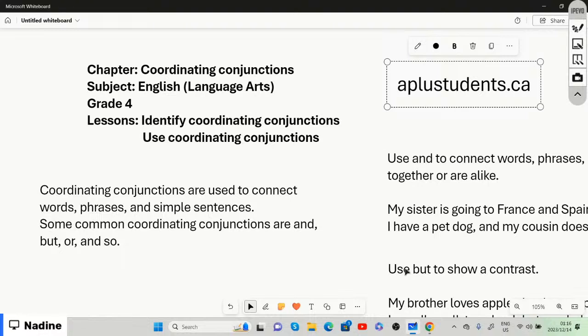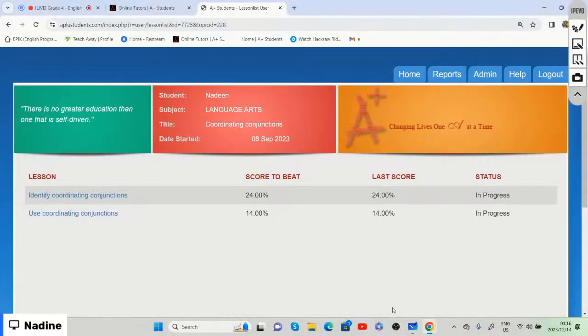All right, so now we're going to aplusstudents.ca. We're going to go to the first lesson, which is to identify coordinating conjunctions.